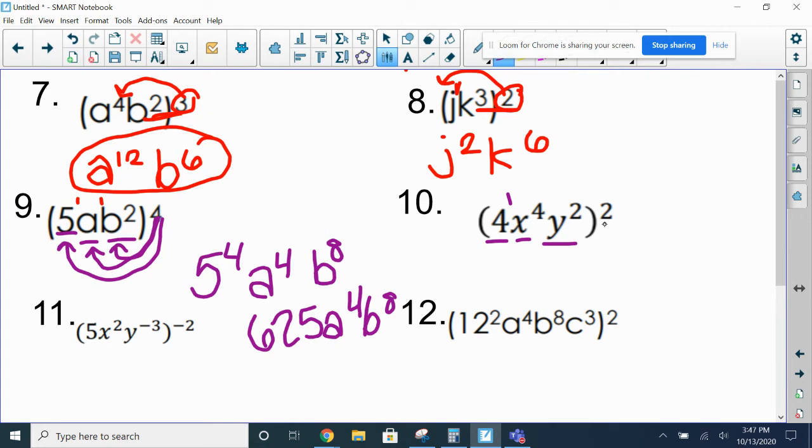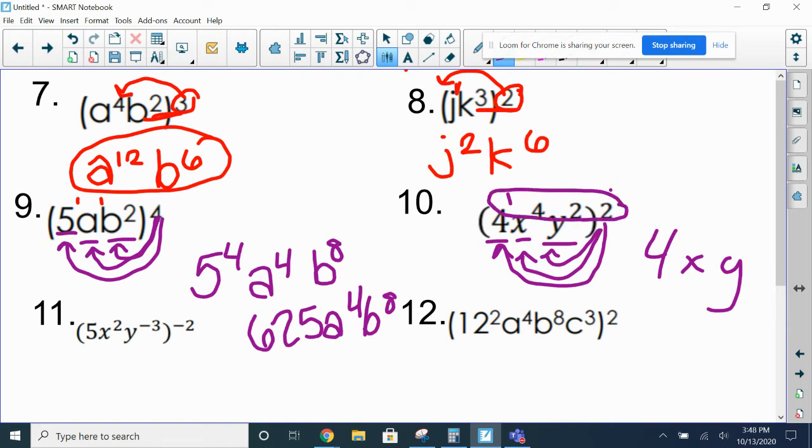So we're going to take that power of 2, and distribute it into the 4, into the X, and into the Y. So you could go ahead and say I am keeping a base of 4, a base of X, a base of Y, and do all of that side by side multiplication. So 2 times the 4's assumed 1 is going to leave us with 2. 2 times the X's 4 is going to give us 8. 2 times the Y's 2 is going to give us 4.